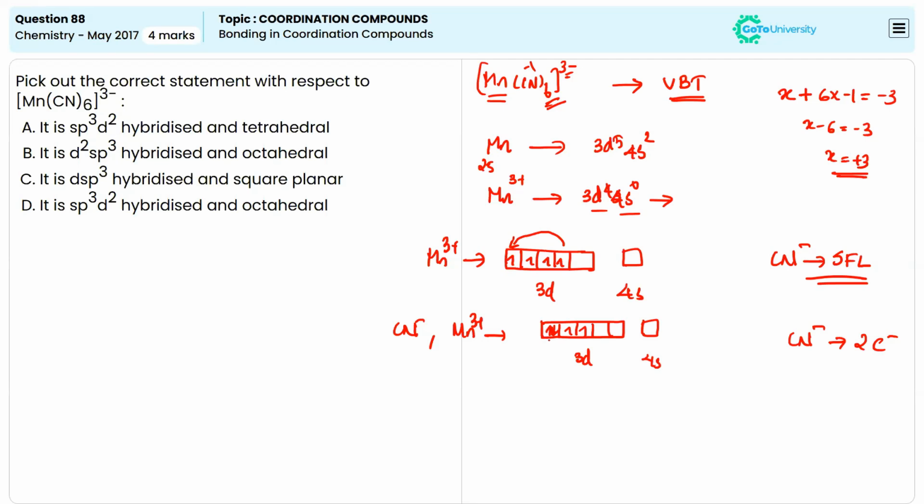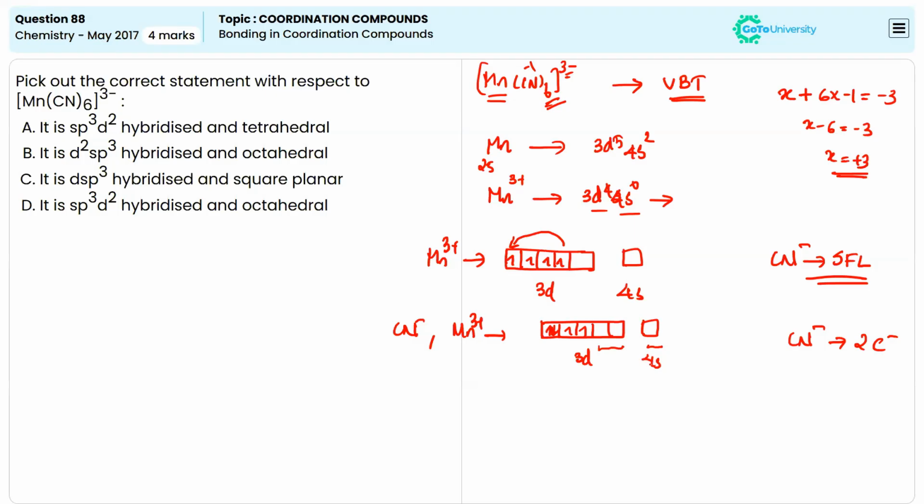But here we have only two 3d orbitals and one 4s orbital. Total 3 orbitals are free here and we need 3 more orbitals.